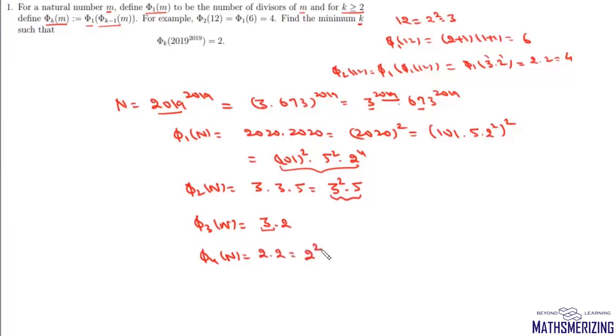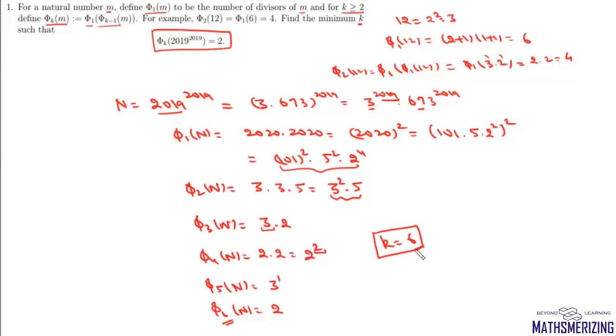So it will be 2 square, and then we can write phi 5 of n, and phi 5 of n simply will be 3, and if we write phi 6 of n, now the power of 3 is 1, so it will be 2. So it says the minimum value of k for which phi k of n is 2. So the minimum value of k in this case is simply 6. So the answer to this question is k equals 6.